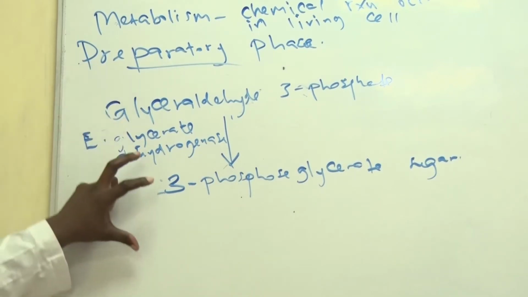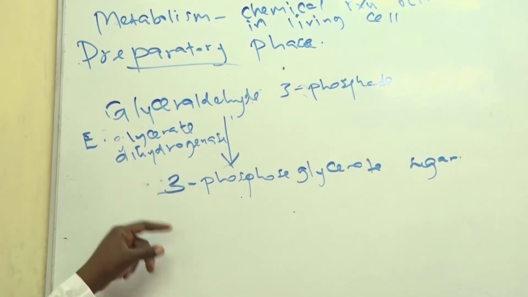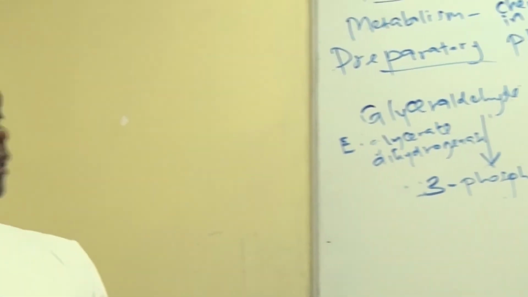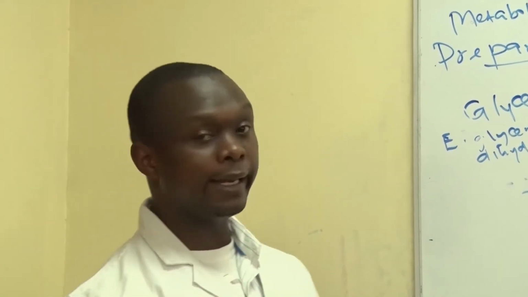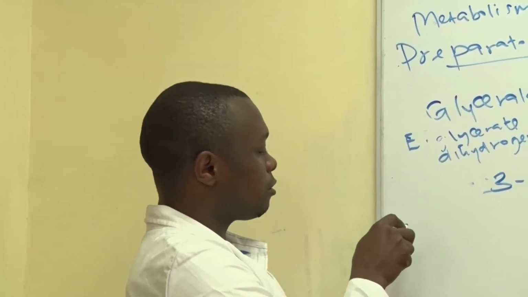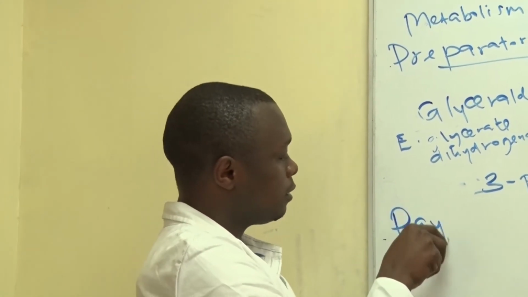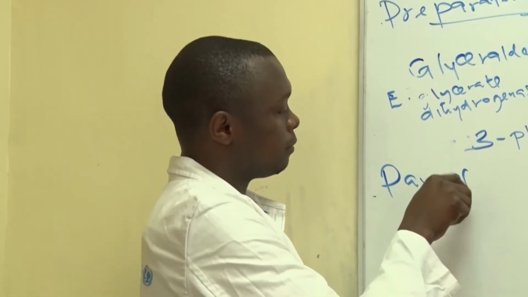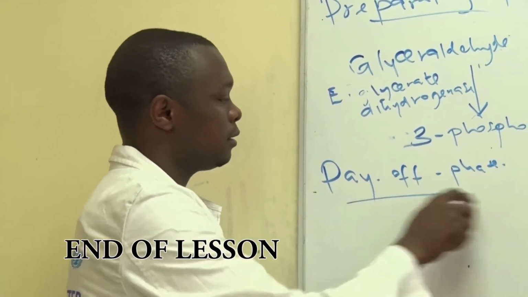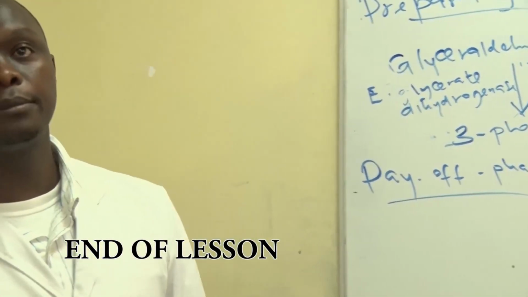That is how we form 3-phosphoglycerate. That is the end of the preparatory phase. We shall continue with our next phase, which is called the payoff phase, next time. Thank you.